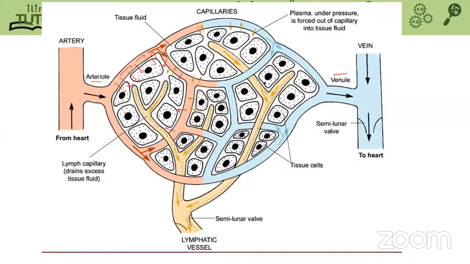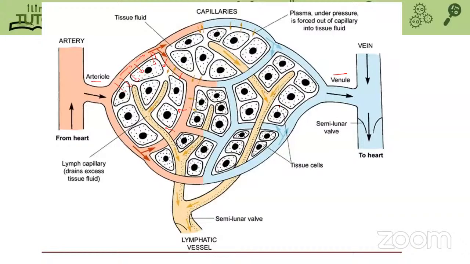So the other materials that do not drain back into the capillaries that are close to the venules here will eventually find their way through the lymphatic vessels, and the lymphatic vessels will connect back with the circulatory system via the subclavian vein. So that gives you a simple overview of the interaction between the lymphatic system, as well as the circulatory system.